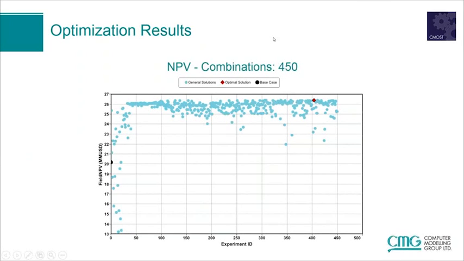Now the results are shown in this plot here, where our initial base case started way down here, and our optimized case was up here. This red point here is our best optimized case.